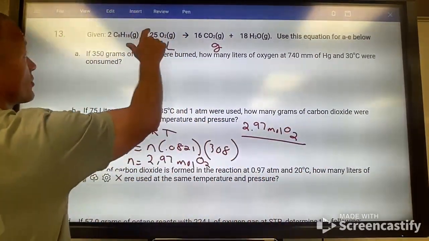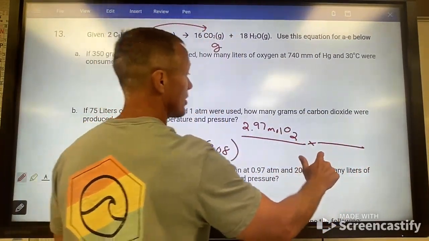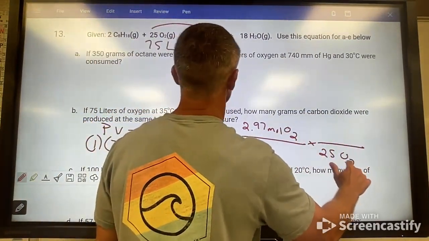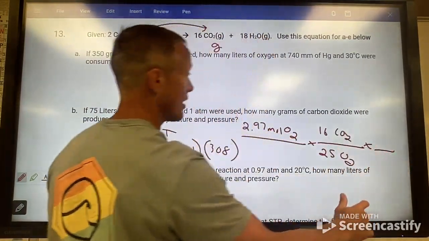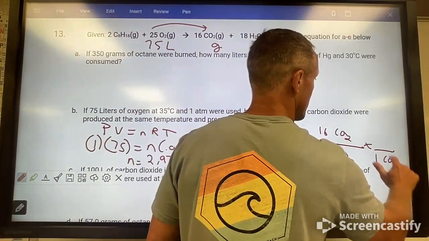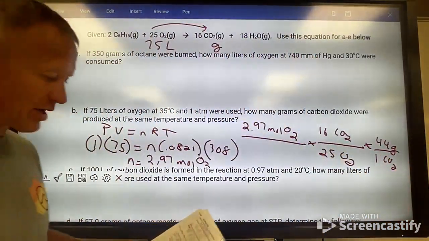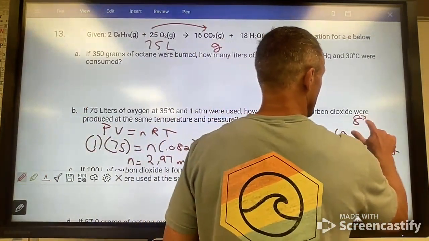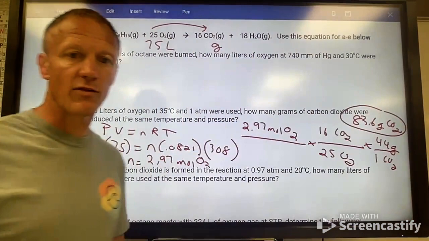Now I can work from oxygen to CO2. So do my mole ratio, which is 25 moles of oxygen to 16 moles of carbon dioxide. If it wants grams, a mole of carbon dioxide is 44 grams. That ends up being about 83.6 grams of CO2.